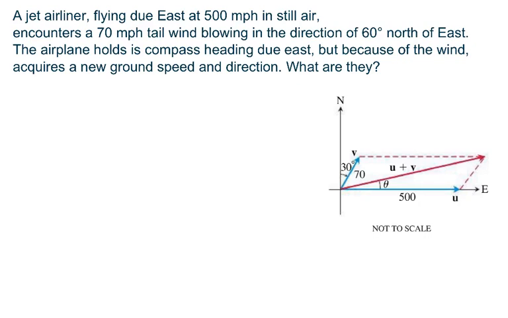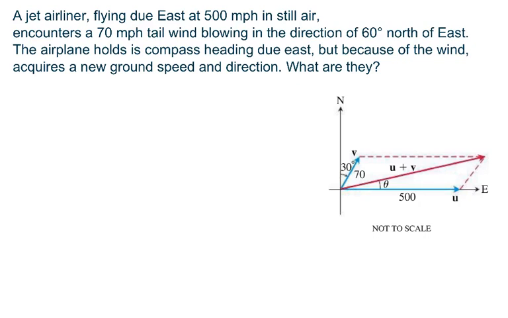Here I've brought in a picture. We have 500 miles per hour heading due east. So 500 miles per hour is going to be a longer vector than this tailwind, which is pushing on it, 70 miles an hour. The wind is 60 degrees north of east.